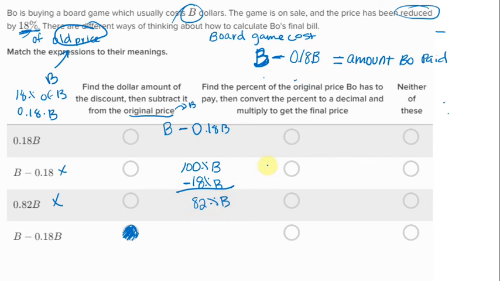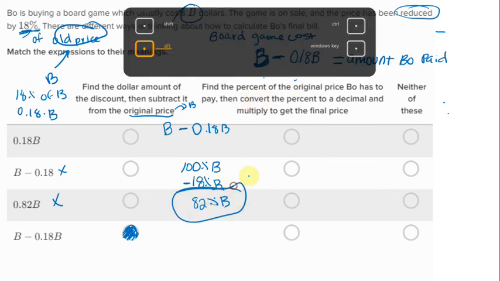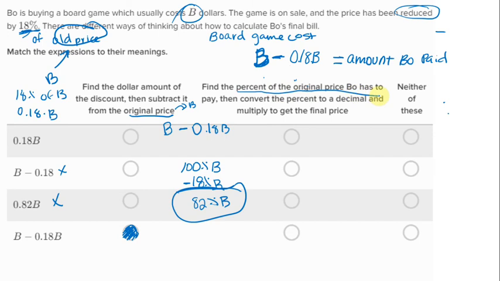And if I were to convert that, so this is the percent of the original price. So that would be 82%. And then it says then convert this percent to a decimal. Okay, so we have to convert 82% into a decimal.